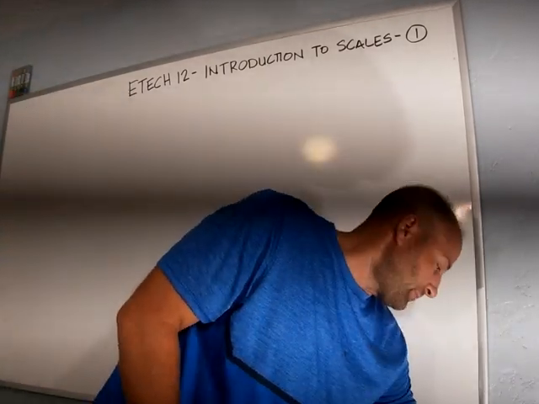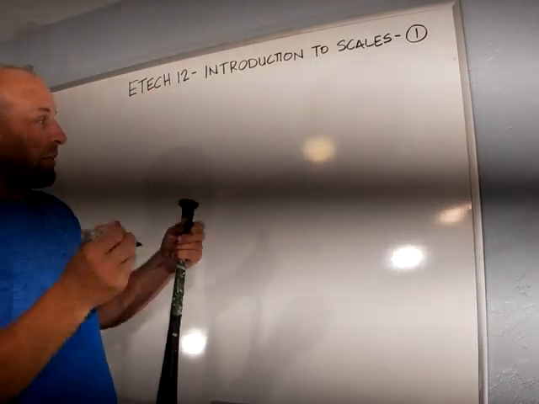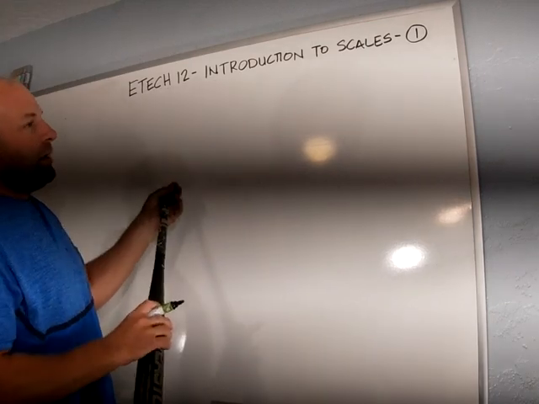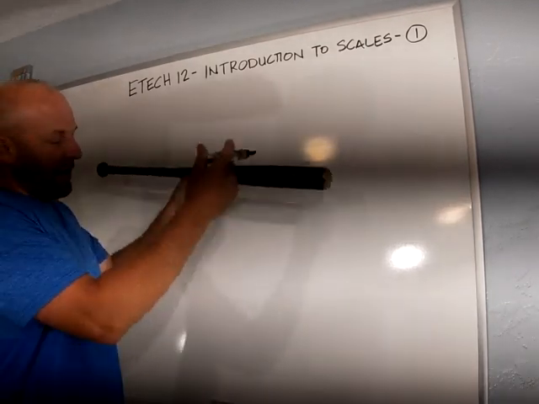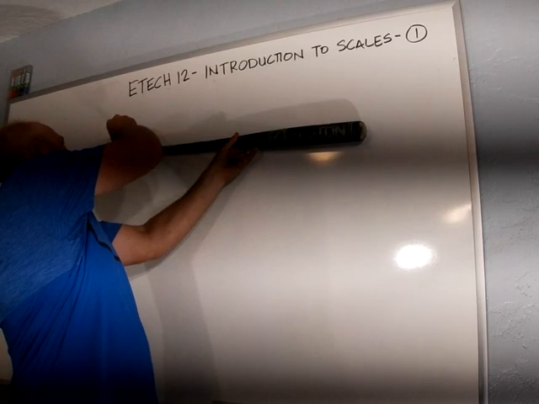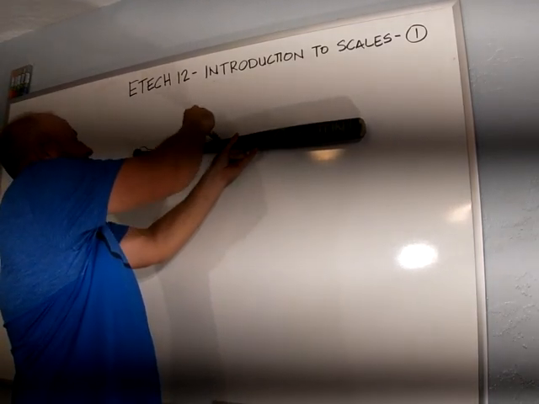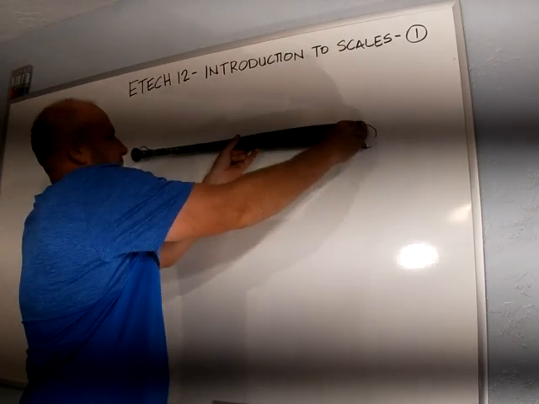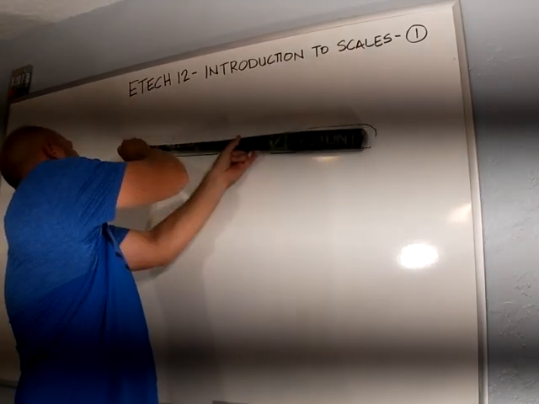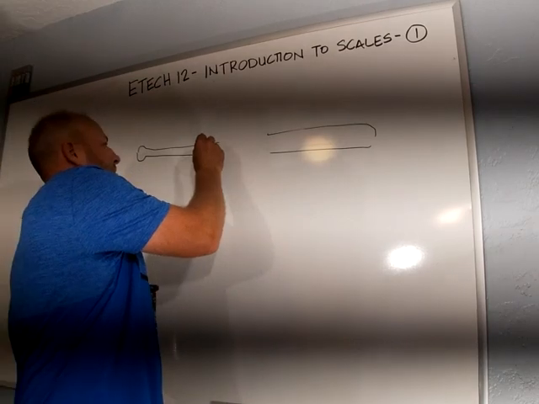Take, for example, a baseball bat right here. An easy item to find and handle, and a little bit bigger than 8.5 by 11. So the bat is roughly that size.